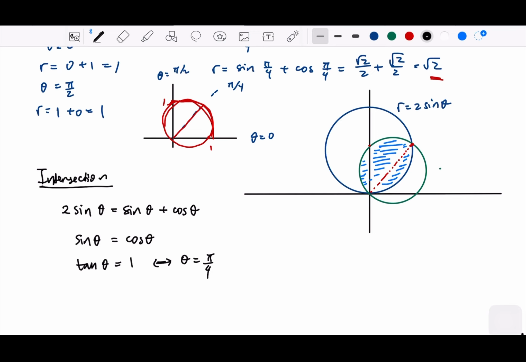Let's see from this part first. So this is r equals sine theta plus cos theta.